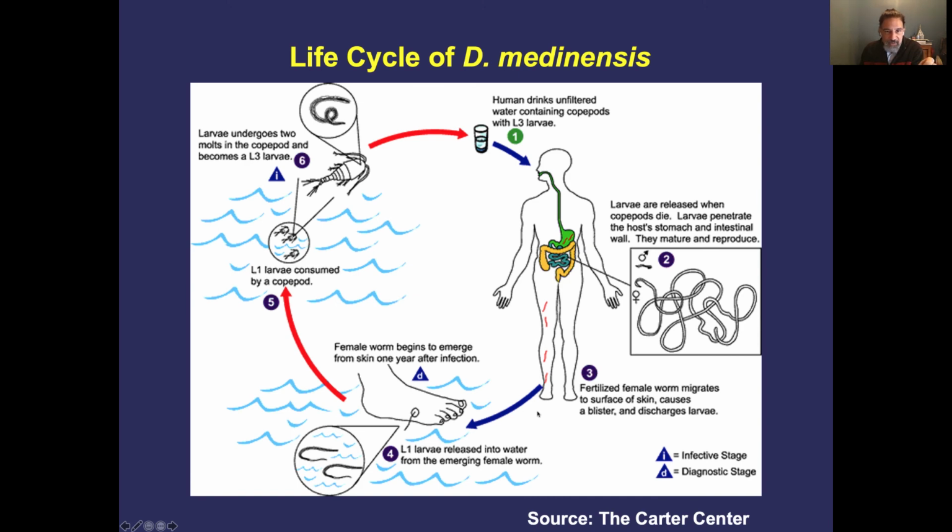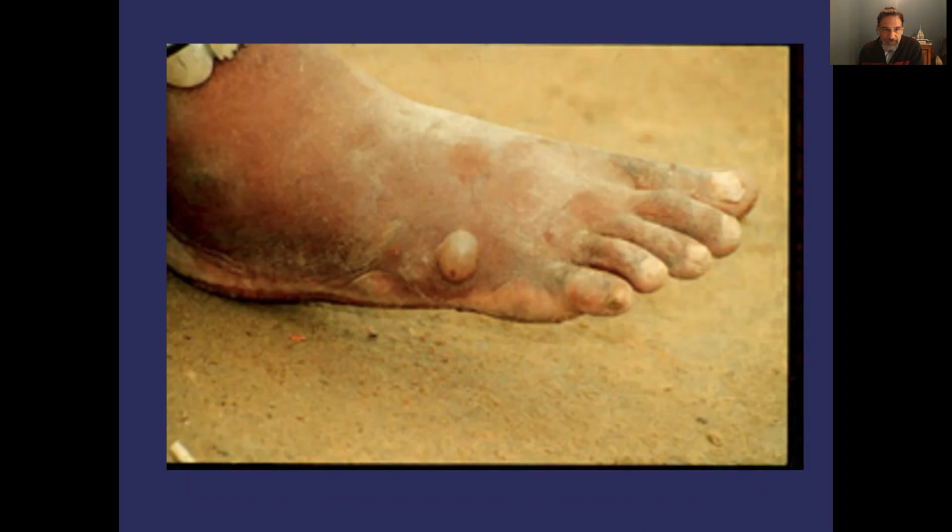When that happens, the worm emerges from the surface and opens its mouth and releases the eggs back into the water, completing the cycle, so that someone else who drinks the water can become infected at a later time. That is basically the life cycle, and the process of eradication of Guinea worm is all focused on disrupting the life cycle so that the parasite cannot perpetuate.